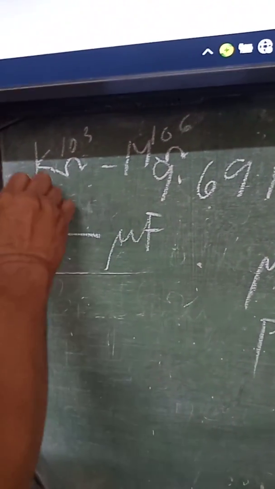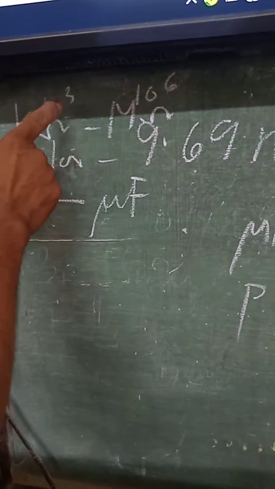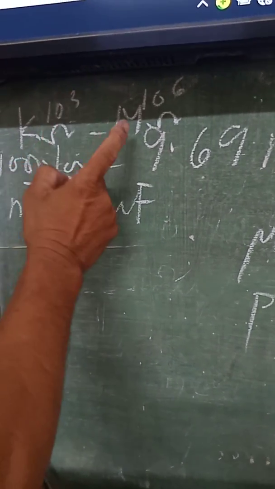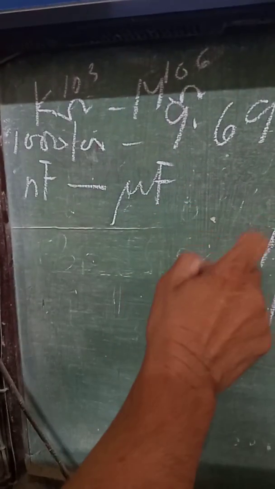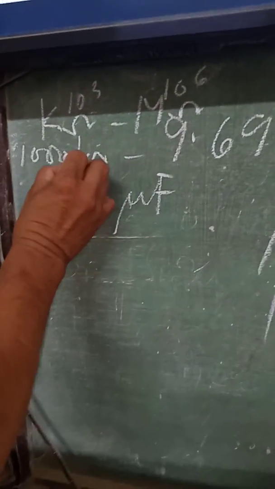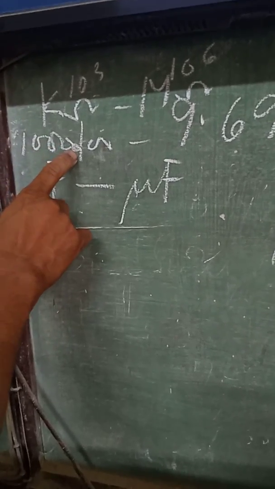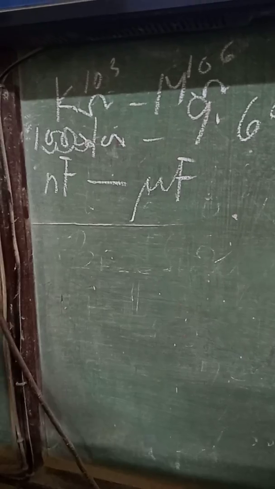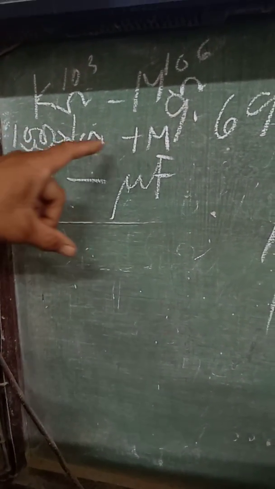If we have 1,000 kilo ohms to mega ohms, what is the difference between the two? 6 and 3, the difference is 3. So just move the decimal point. The decimal point of this 1,000 is after the last 0. Move 3 places to the left to make it 1 mega. So 1,000 kilo ohms is equivalent to 1 mega ohm.